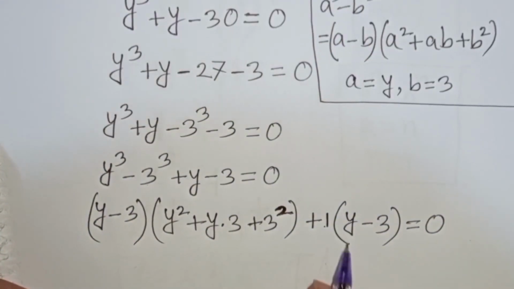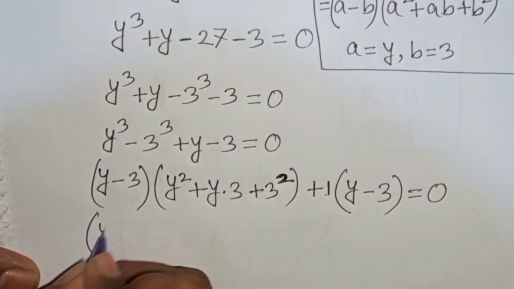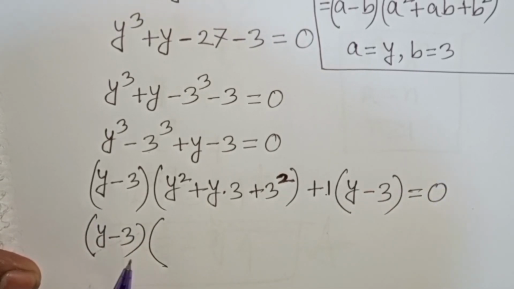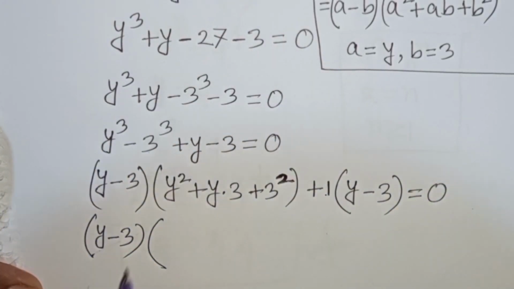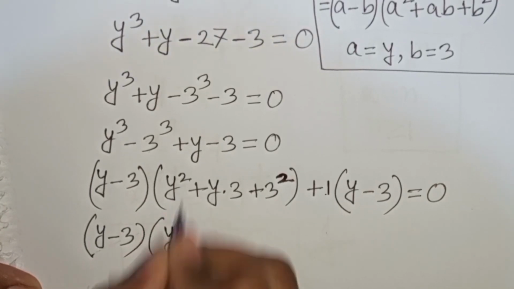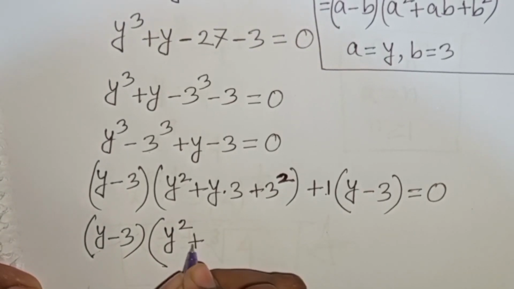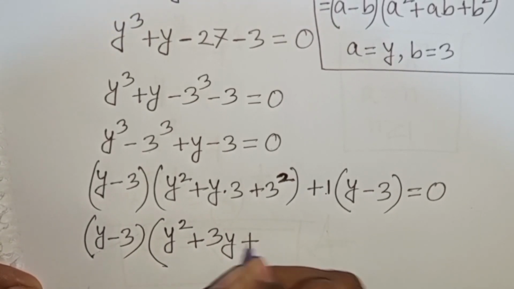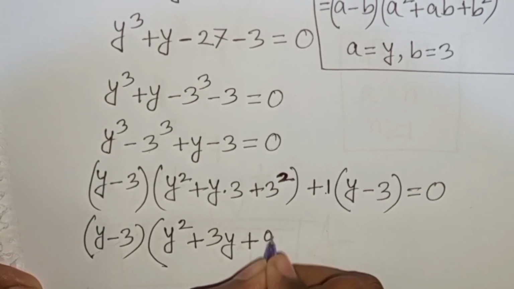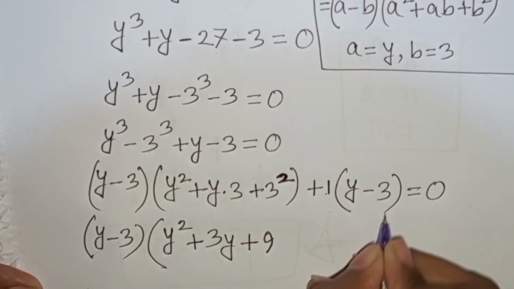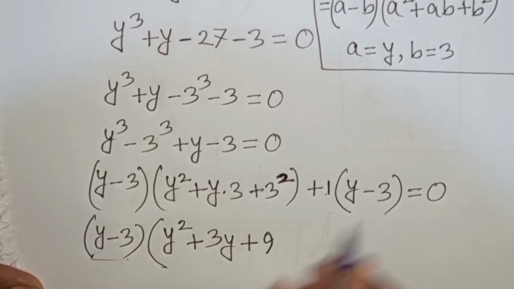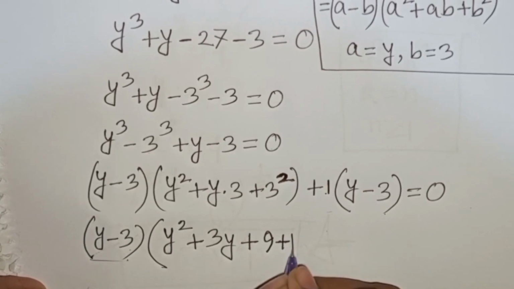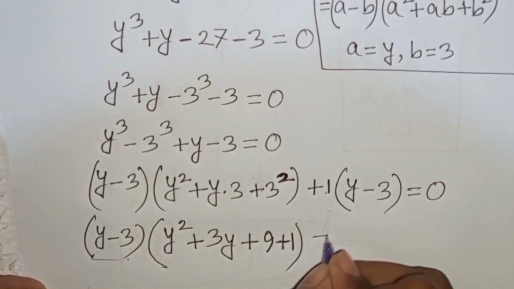Now we see y minus 3 is common, so take common y minus 3, so bracket y minus 3 is out of this bracket, so this divided by this, that means y minus 3 will be cancelled, so we have y square plus y times 3, that means it will be 3y plus 3 square is same as 9, then this divided by this, that means this y minus 3 will be cancelled, so here plus 1, then bracket close is equal to 0.